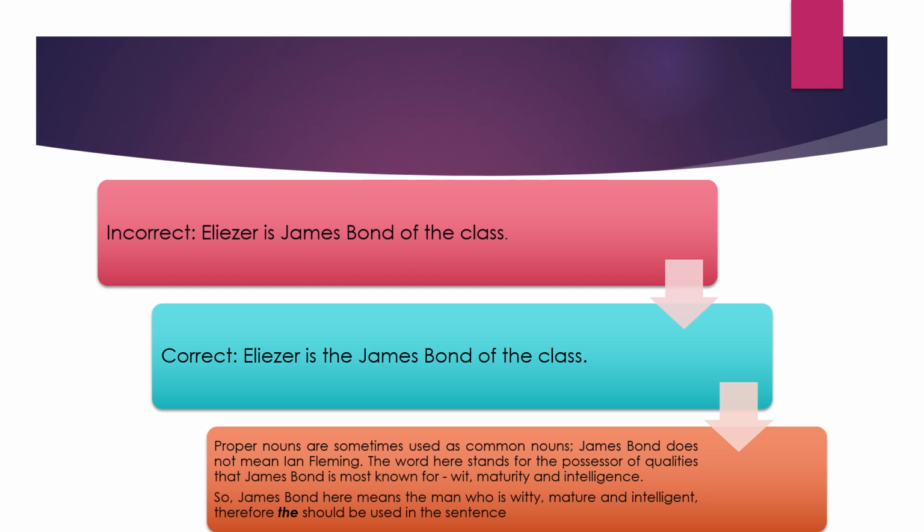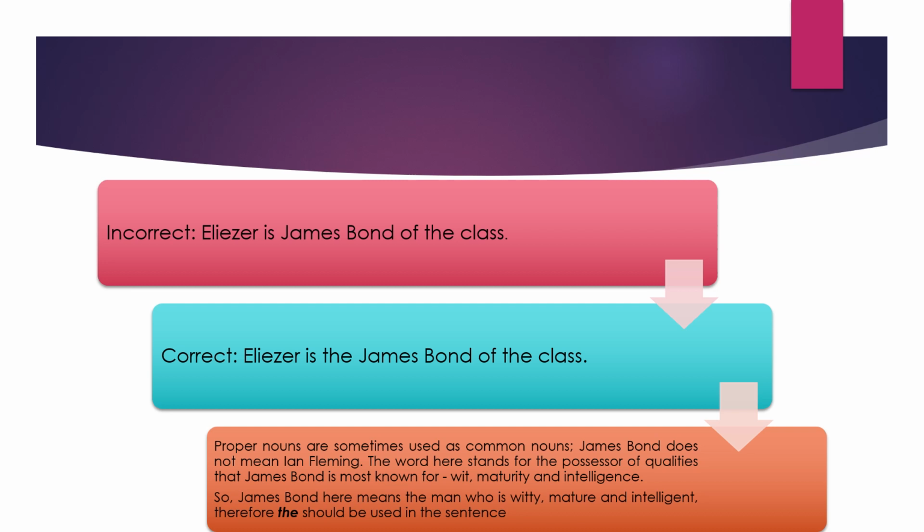The character James Bond is known for wit, for maturity, for intelligence. So what we're trying to say here is that Elijah has the same kind of qualities. Elijah also is witty, he is also mature, and he also is very intelligent.